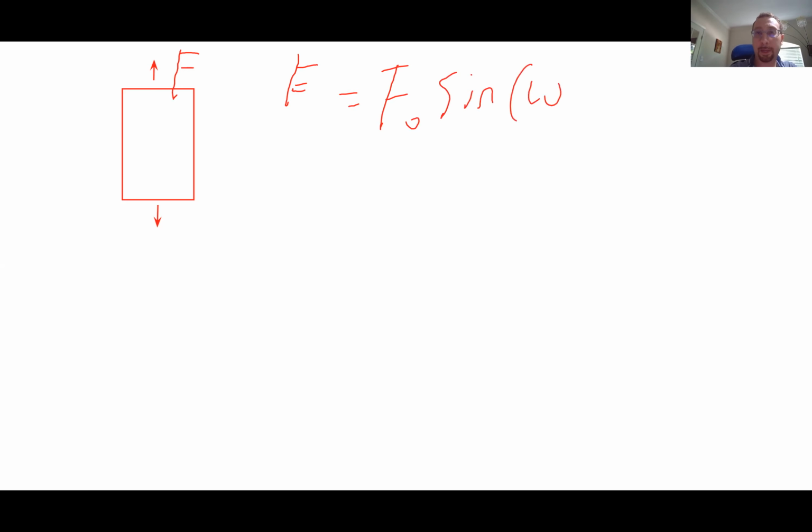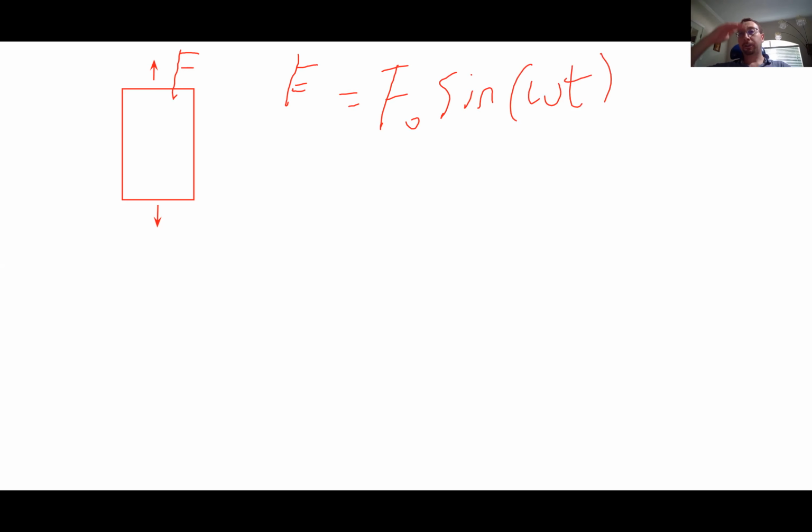So basically, imagine we are applying a load like this on the material, and we're applying a force in this direction. However, the force we apply, that I'm showing with F here, this force is some F0 sine omega t.